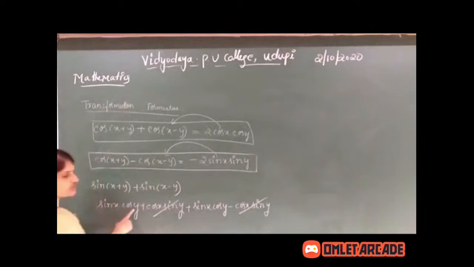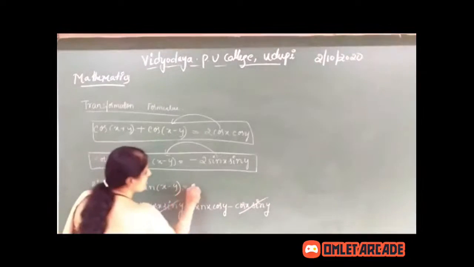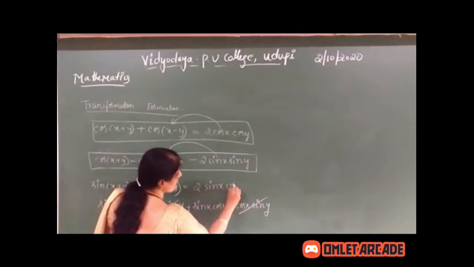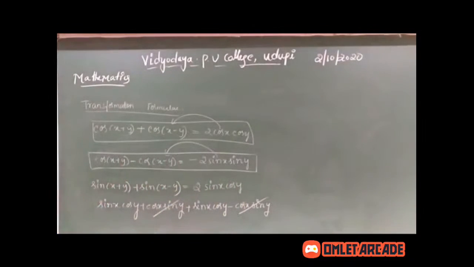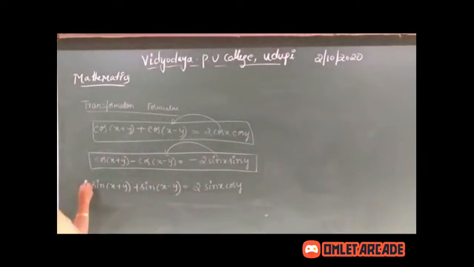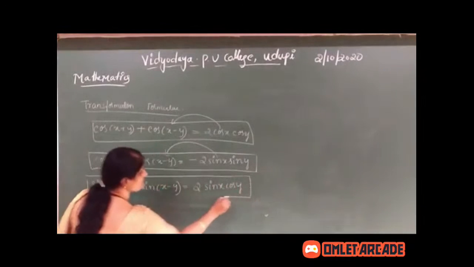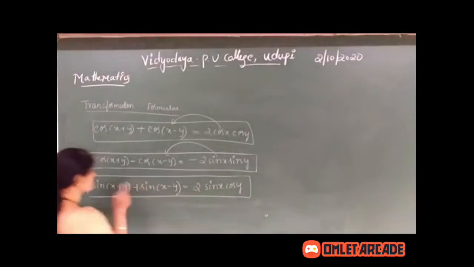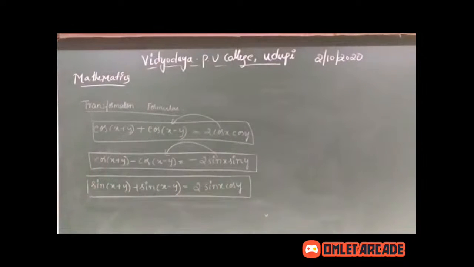We have sin x cos y plus sin x cos y, which is 2 times sin x cos y. Clear? So this is also one of the important results. So I write this like this: 2 sin x cos y is sin of x plus y plus sin of x minus y.